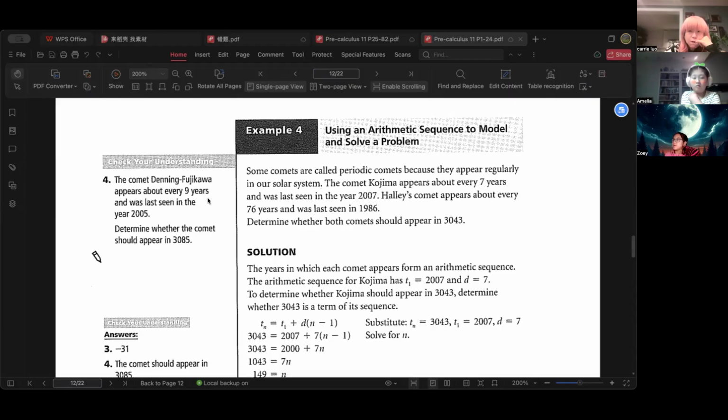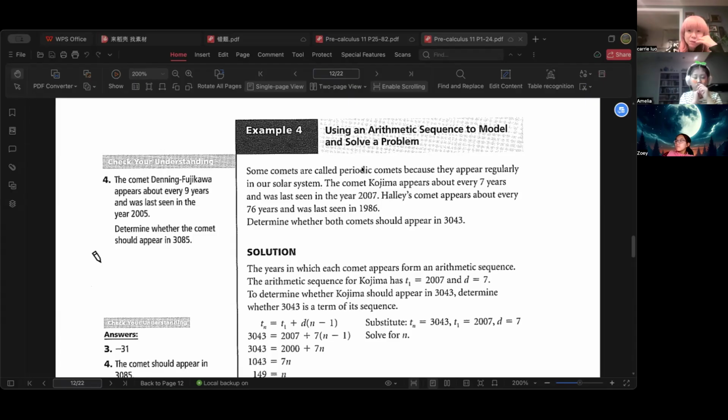Halley's Comet appears about every 76 years and was last seen in 1986. Determine whether both comets should appear in 3043. Okay, so that's a year. By that year, I think both of us will have passed away.